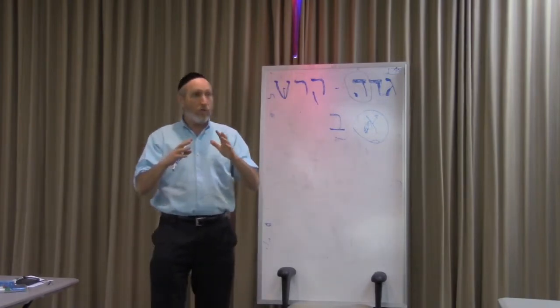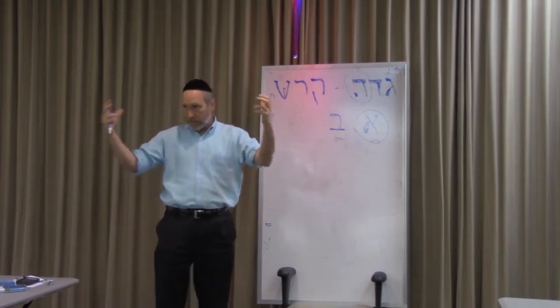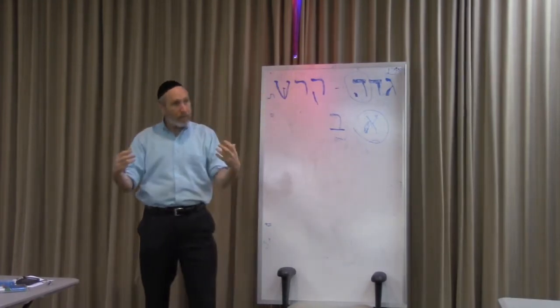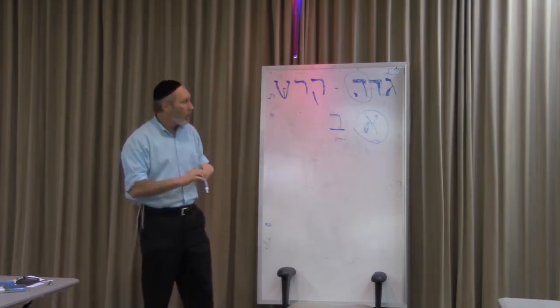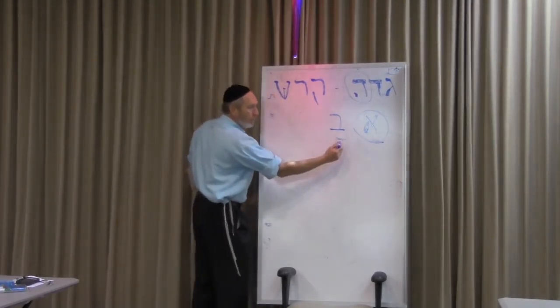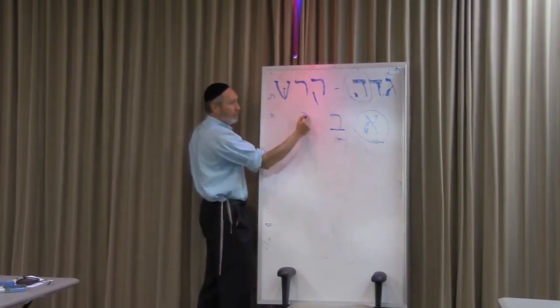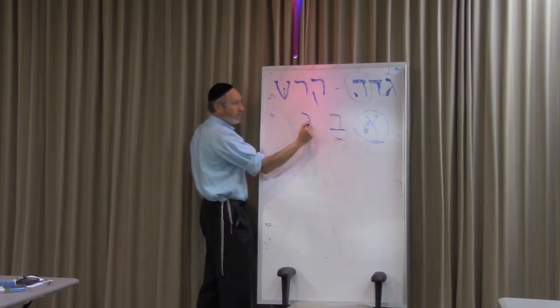Bina was the second, seeing 2 things, the duality, and understanding the whole picture. You have an idea, and then you extrapolate it, you develop it. The Talmud says the Aleph is learn, Bet is Bina, and then we saw last week the Gimel. What does Gimel mean? To give.